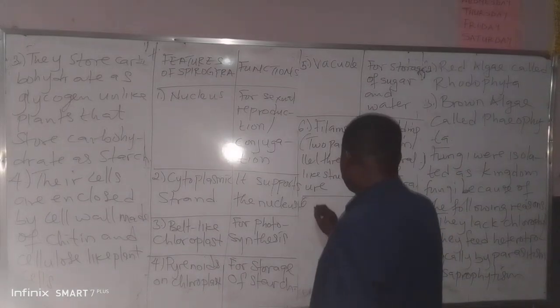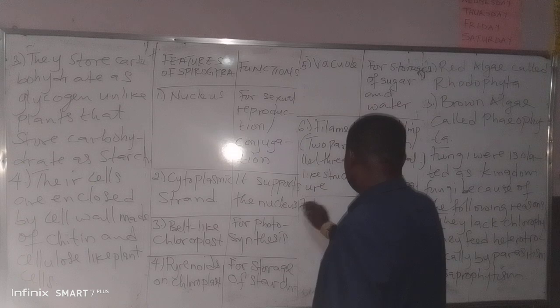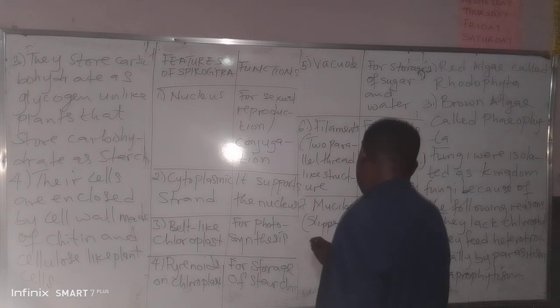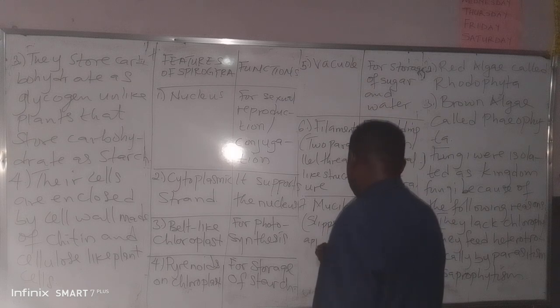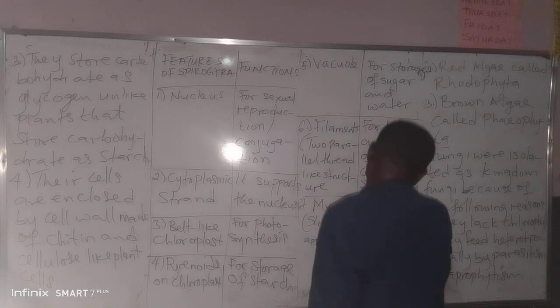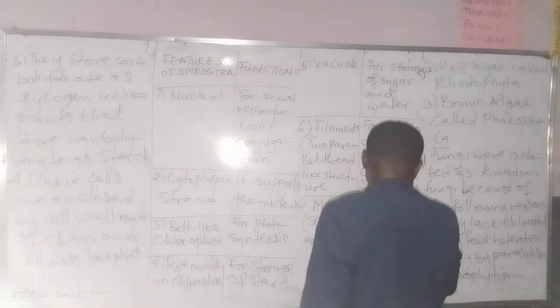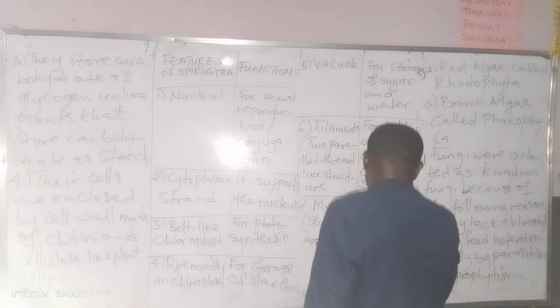Then lastly, I will talk about mucilage. Number 7, mucilage. That's a slippery appearance. So it protects the filament against excessive sunlight.